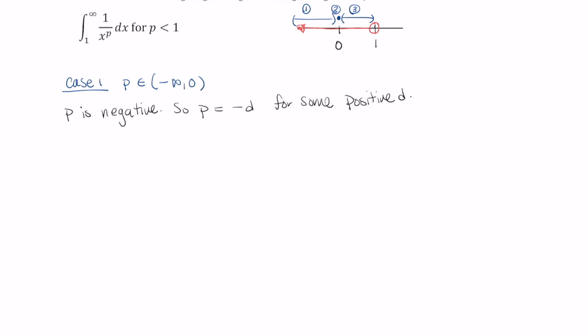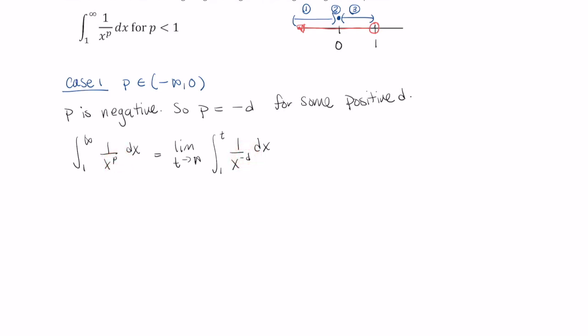So now let's integrate the integral from 1 to infinity of 1 over x to the p dx, which is equal to the limit as t approaches infinity of the integral from 1 to t of 1 over x to the negative d dx. As you can see here, I just replaced this exponent of p with a negative d.